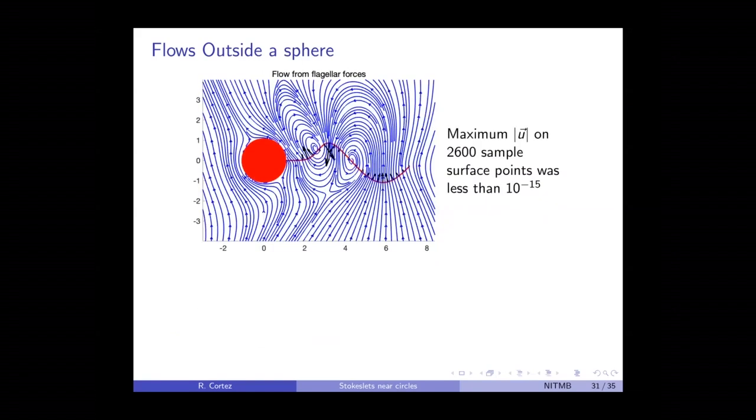And of course, the forces don't have to be random. It could be from a flagellum or several flagella or something like that. And I show you this because these are forces that are in the fluid, and the fluid is exterior to the sphere here, right? And the images are inside the sphere.